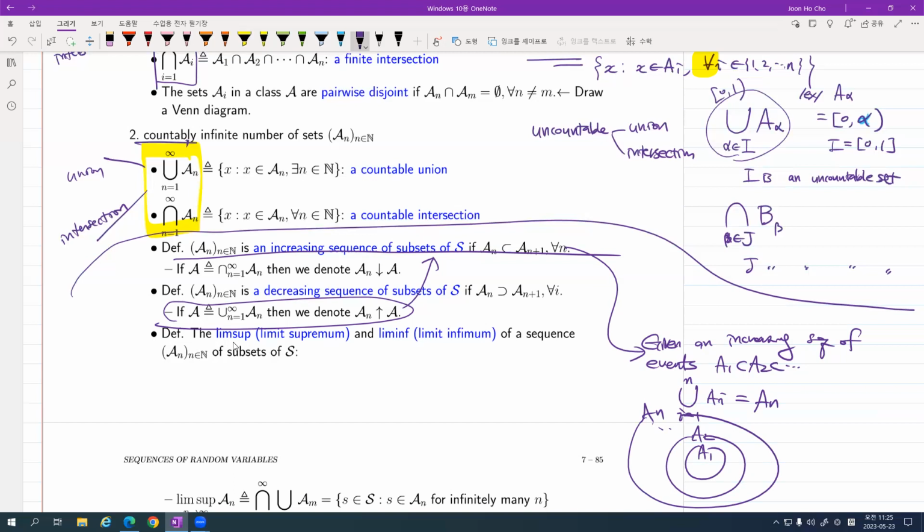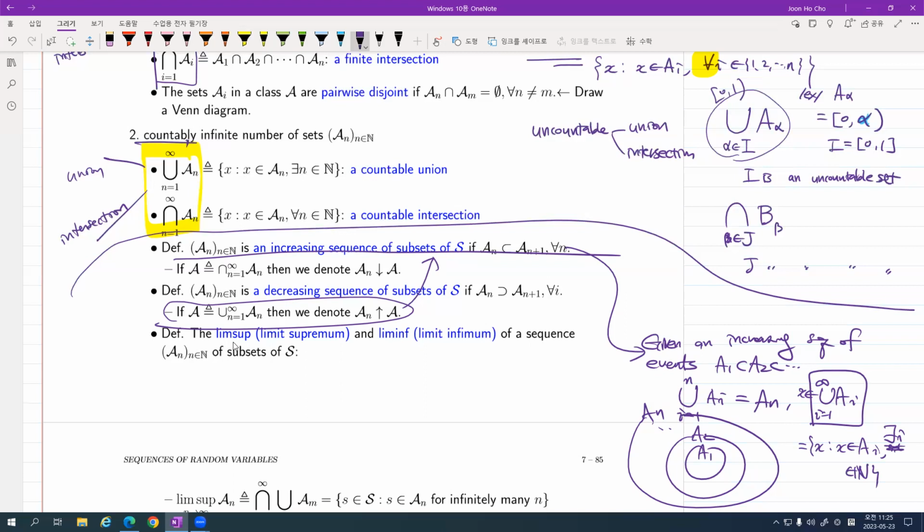Now, what if you continue? What does that mean? That means, as we just defined, if X is a member of this set, then there exists some I in the set of natural numbers, right?